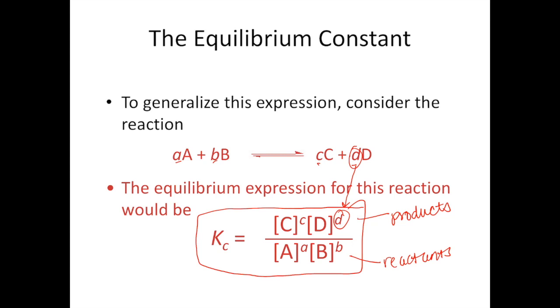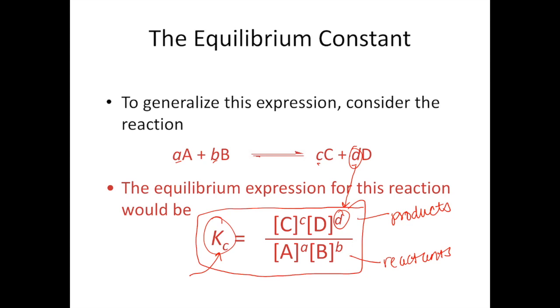If I'm given concentration, which this little c here denotes, I'd put the concentration of C to the c power, concentration of D to the d power, over A to the a, B to the b, and I can calculate what my equilibrium constant is. Okay, so that's my equilibrium expression.